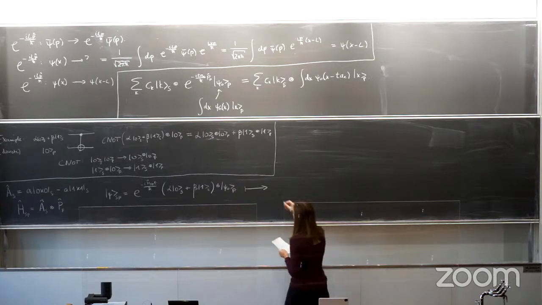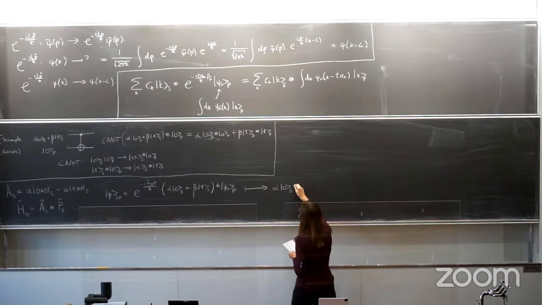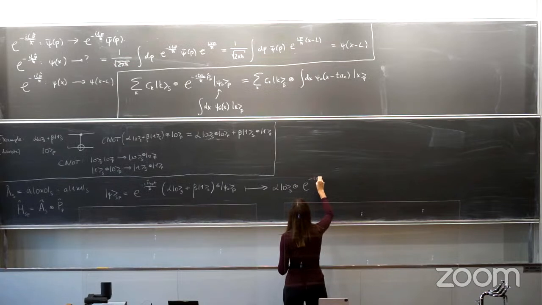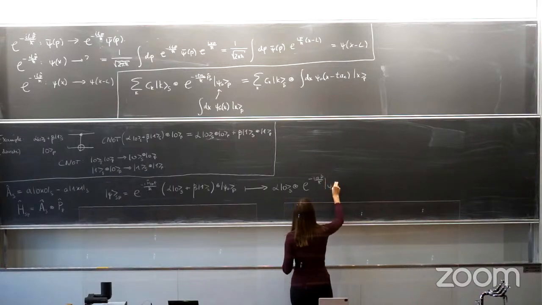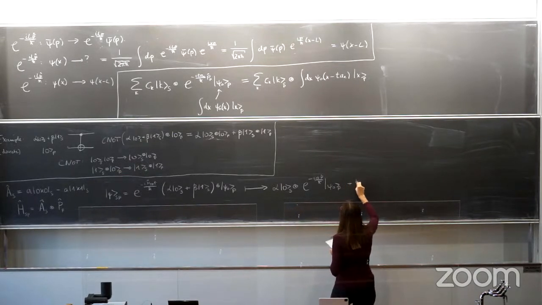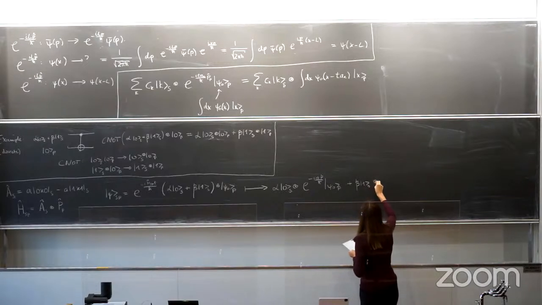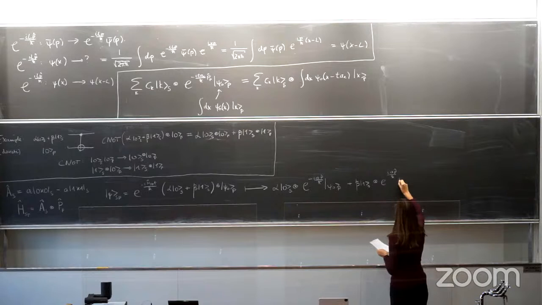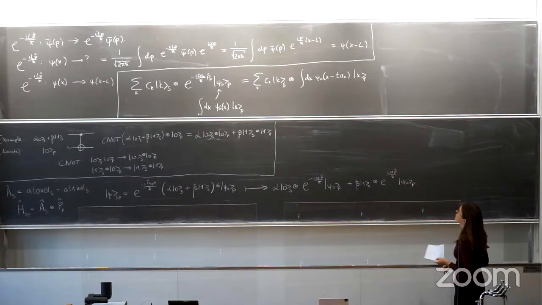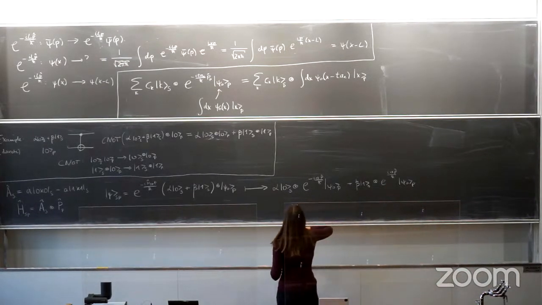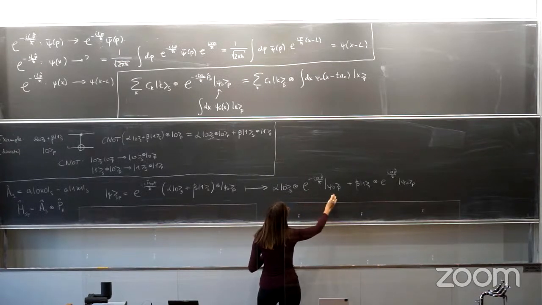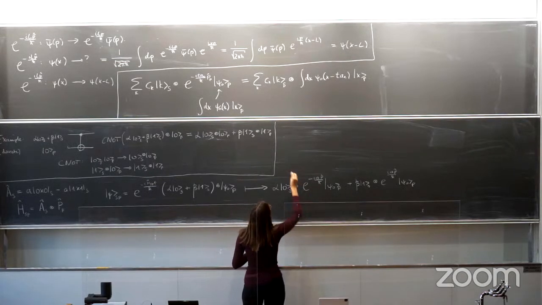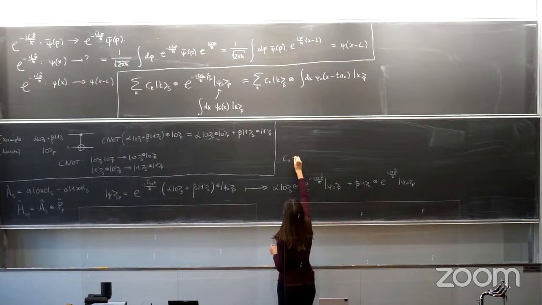So what we will end up with is alpha 0 on S, tensor product e to the power minus i A P over h bar psi 0, plus beta 1 tensor product e to the power i A P over h bar psi 0 on P. So what I did here is just use that formula, the formula where we don't consider the shift in the position yet, for the case where C0 is alpha, C1 is beta, A0 is A, and A1 is minus A.